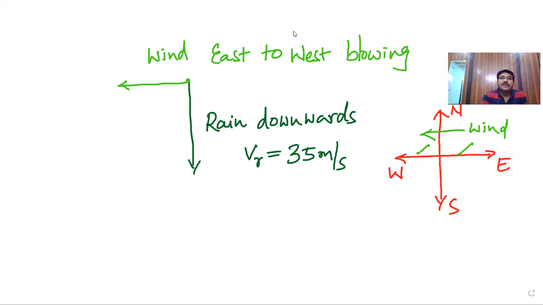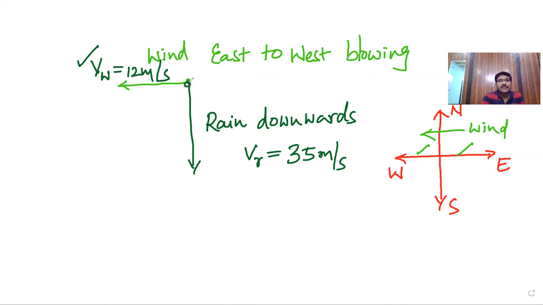What is the speed of the wind? Yes, it is given as 12. Let us denote it as V_W, W stands for wind, so 12 meters per second is the magnitude of the wind.